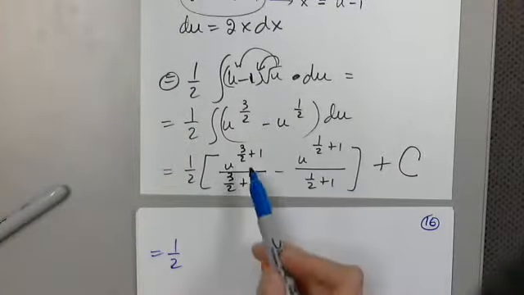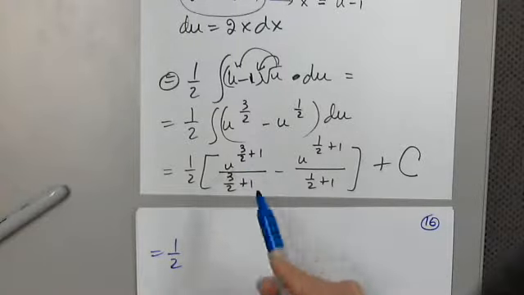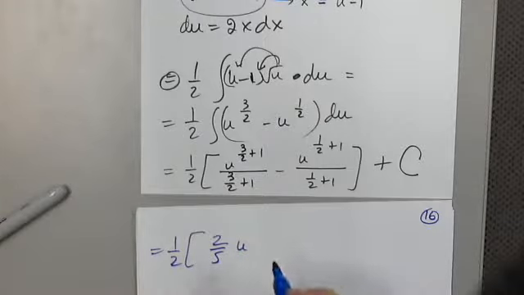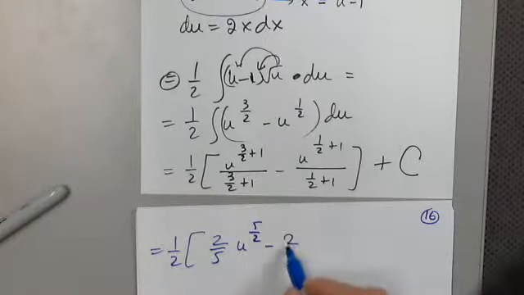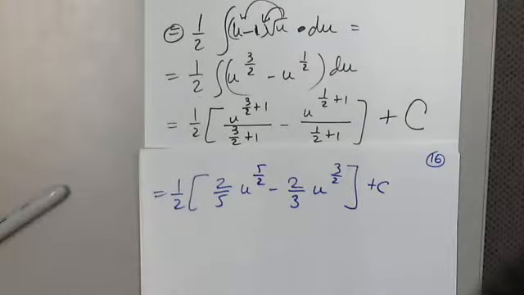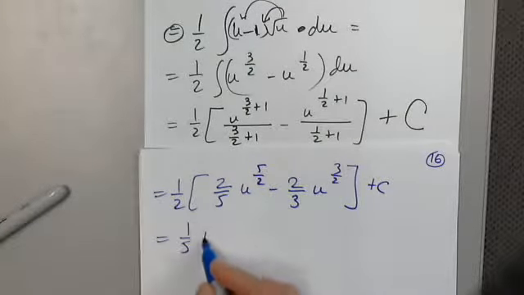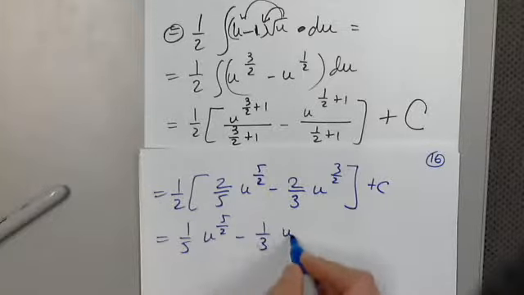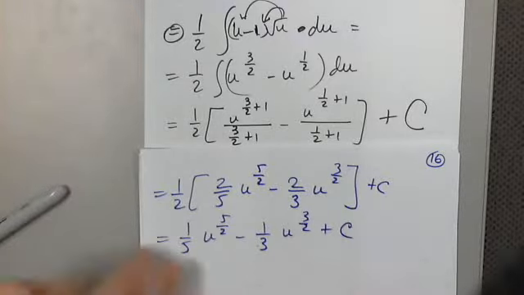So 1/2. 3/2 plus 1 is 5/2. So times 2 over 5 times u to 5/2. Minus, this is 3/2, 2 over 3 times u to 3/2. Plus a constant c. And I have to distribute 1/2. 1/5 u to 5/2 minus 1/3 u to 3/2 plus a constant c.